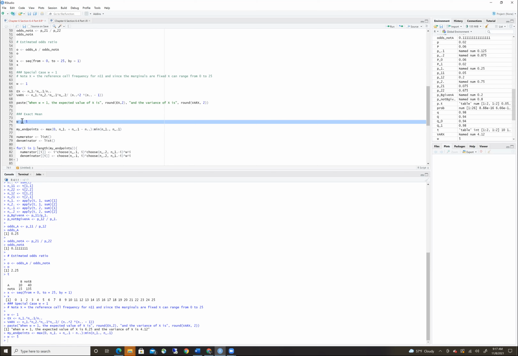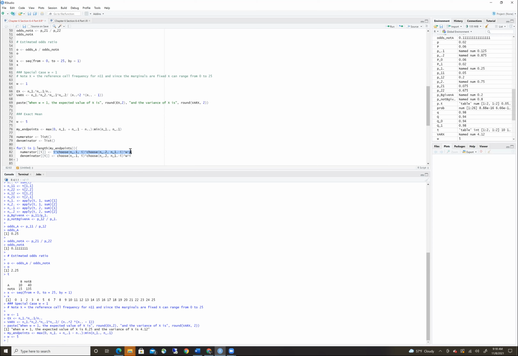All right, so for the numerator, this is I times n dot 1 choose I, times n dot 2 choose n1 dot minus I, times omega to the I, right? And if you look at that, that is the definition for expected value, right? You're taking your X times your PMF.